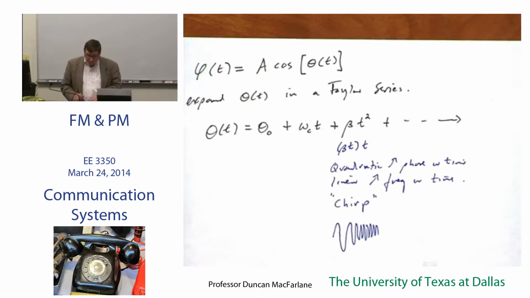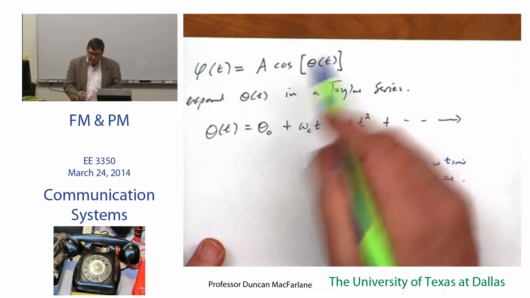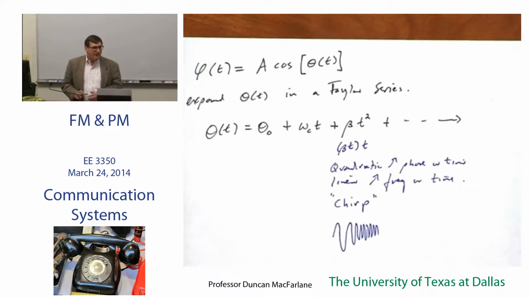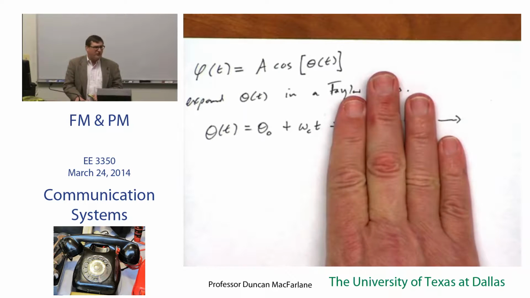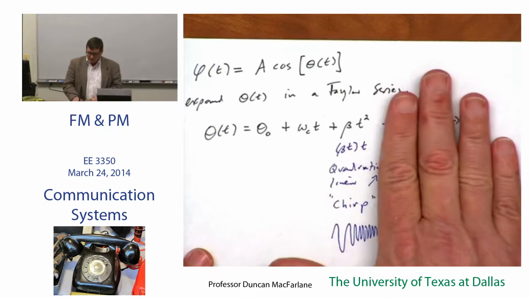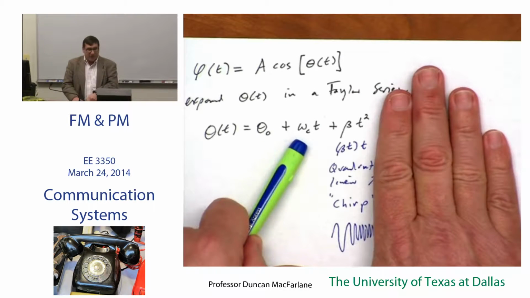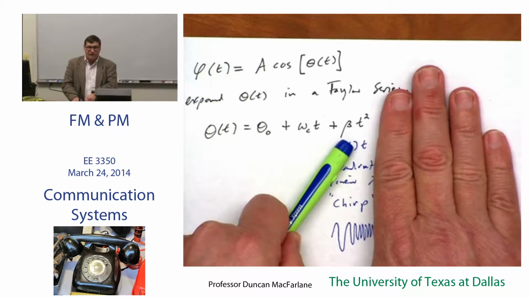Now, the question is, if I have theta of t, what does that mean with respect to a frequency? Well, if I truncate my Taylor series there, then I just have one frequency, and it's a constant frequency. If I truncate it there, then I have a constant frequency on which I add a frequency that's linearly changing.